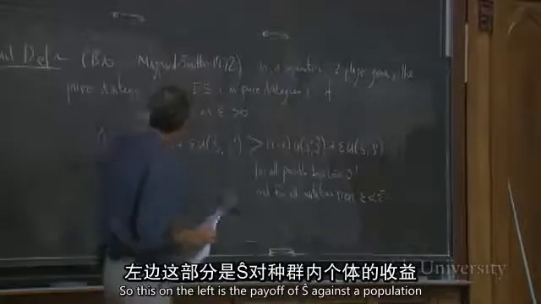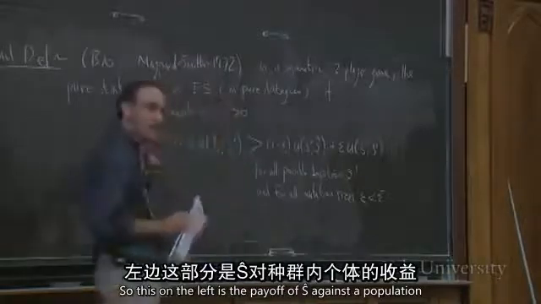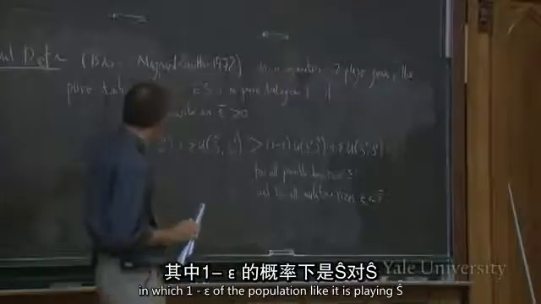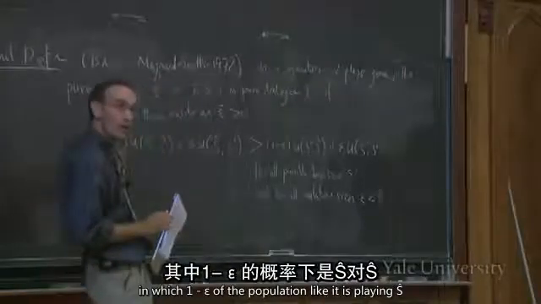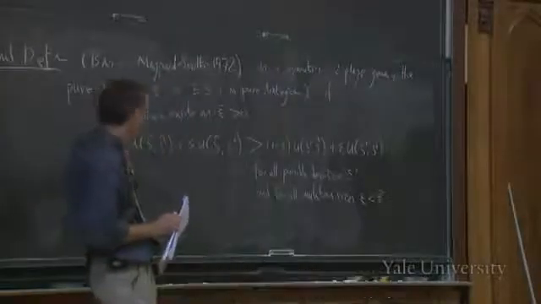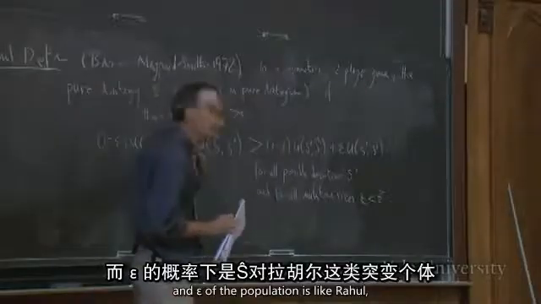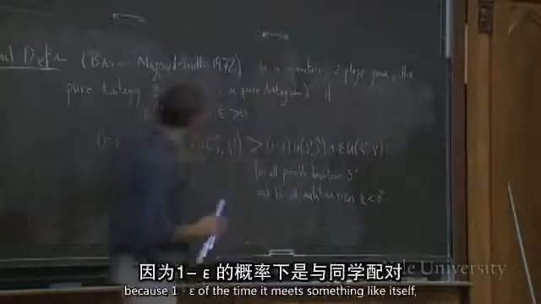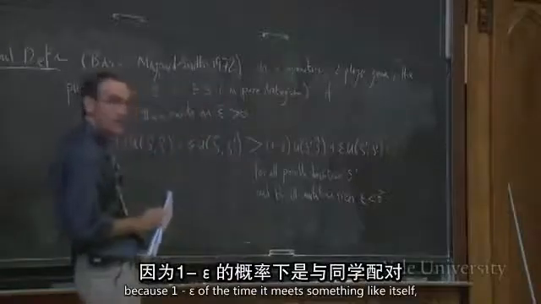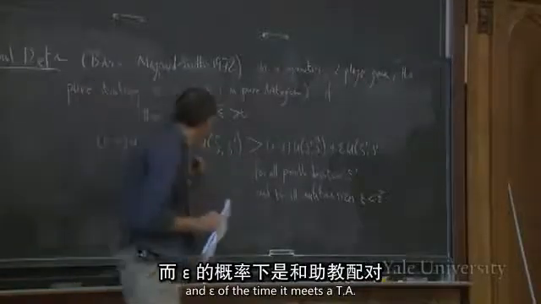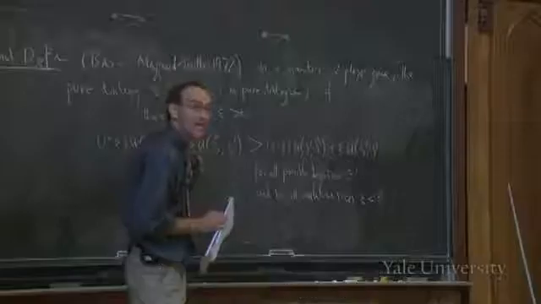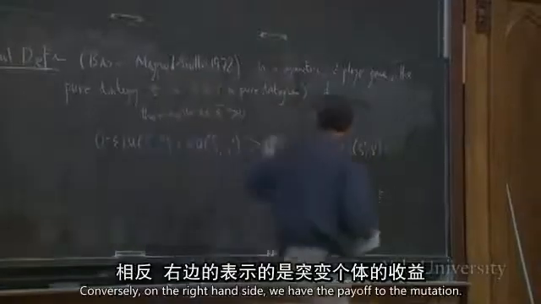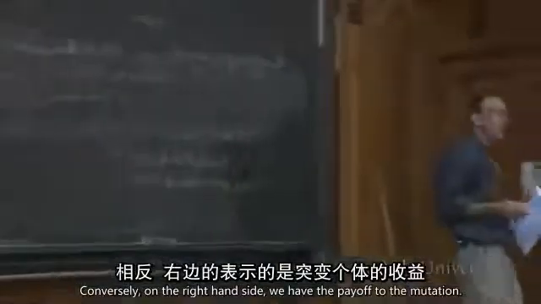So this on the left is the payoff of S hat against a population in which 1 minus epsilon of the population, like it, is playing S hat, and epsilon of the population is like Rahul. Right? Because 1 minus epsilon of the time it meets something like itself, and epsilon of the time it meets a TA. All right? Conversely, on the right-hand side, we have the payoff to the mutation.